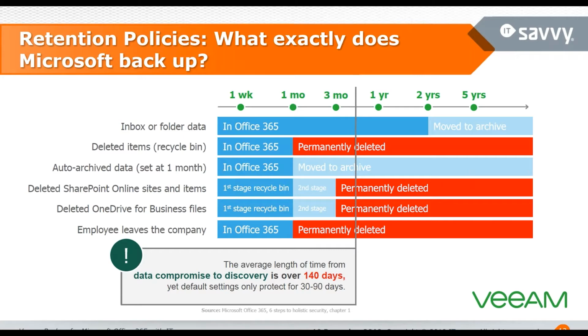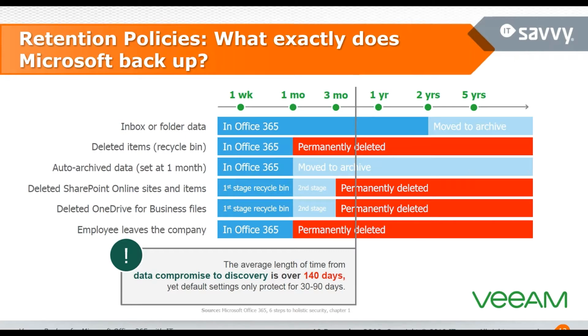SharePoint items and OneDrive items included, it's possible to pull them back from that permanently deleted items only during the 1 month. Again, it's not a point in time restore, but they do go into a permanently deleted status. And same thing if an employee leaves the company. Once you take that Office 365 license away from them, that mailbox is purged within 30 days. So what's important to understand is that permanently deleted means it's truly gone from Microsoft and there's no getting it back from them.